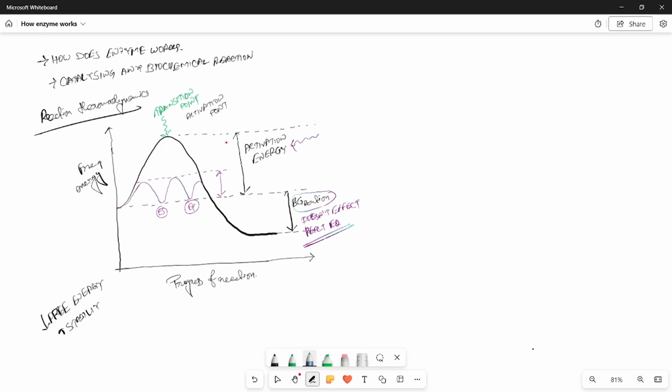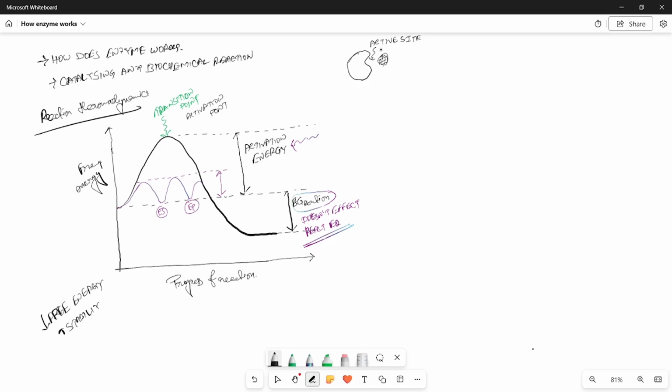Now let's go a bit deeper into this. Suppose this is an enzyme. I'm not good at drawing, so please just consider it, and this is the substrate. This is the point where the substrate comes and binds. This is called the active site: the substrate binding site present on the enzyme.